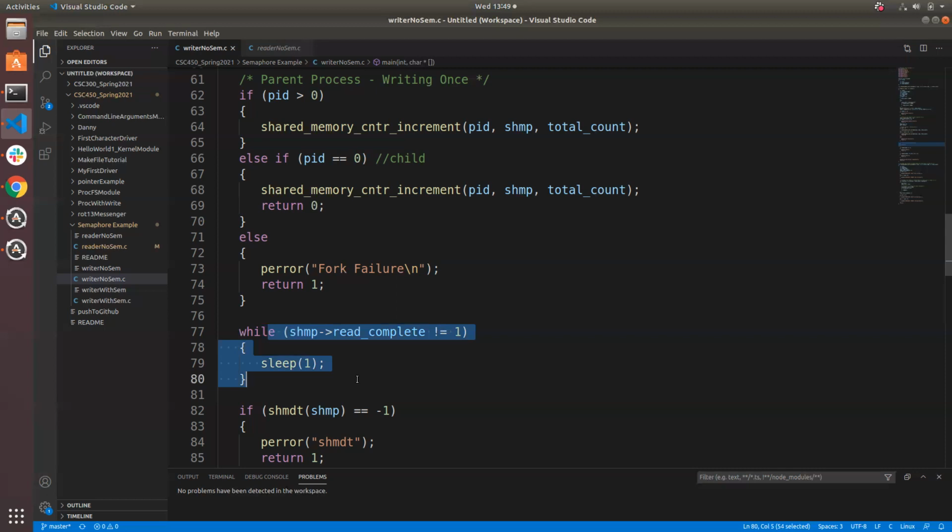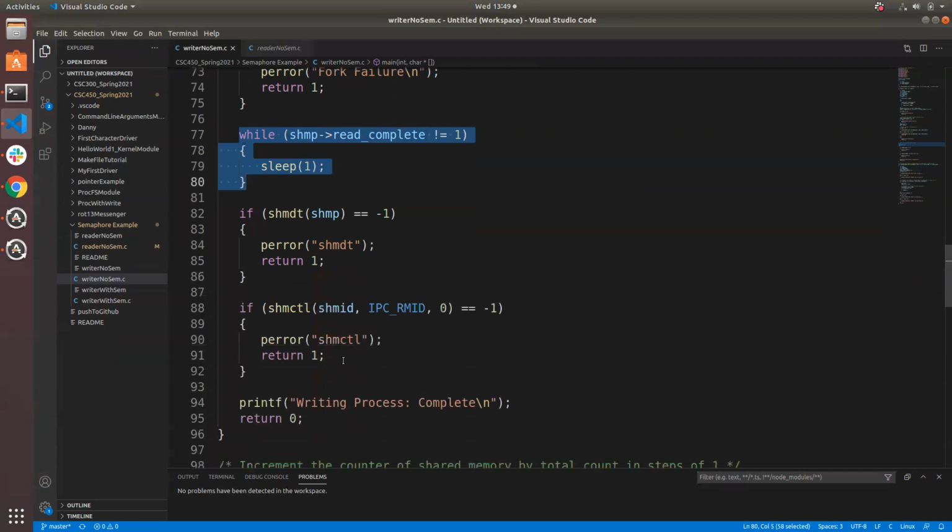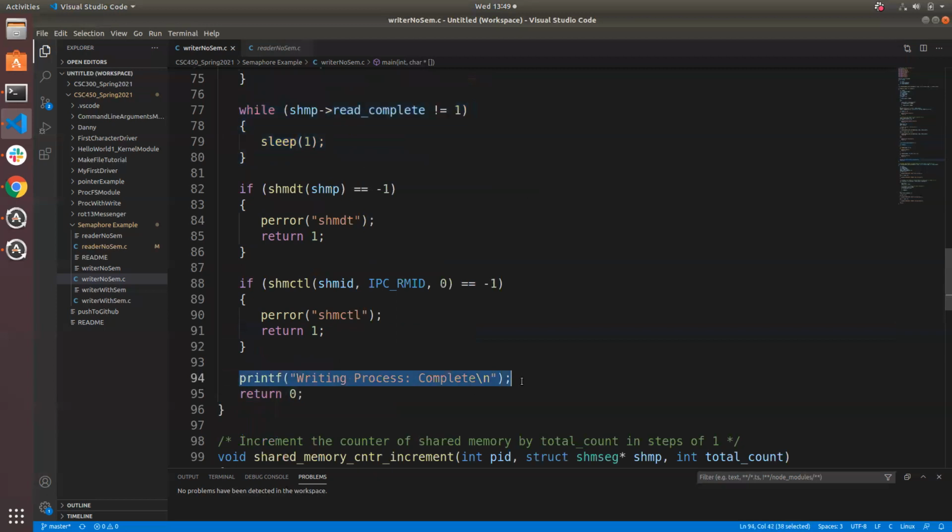We don't have a possibility that somebody sets the read complete to 1 before it's actually done being read. So this is the parent always saying, I will wait for the reading process to finish doing their thing, and then I'll spit out, we're done.